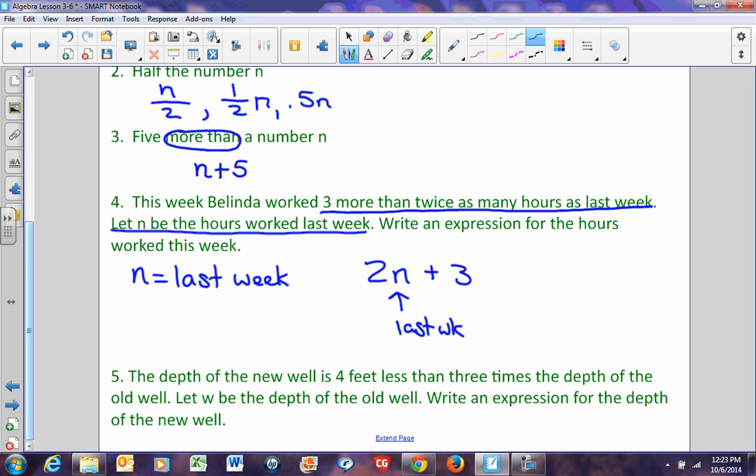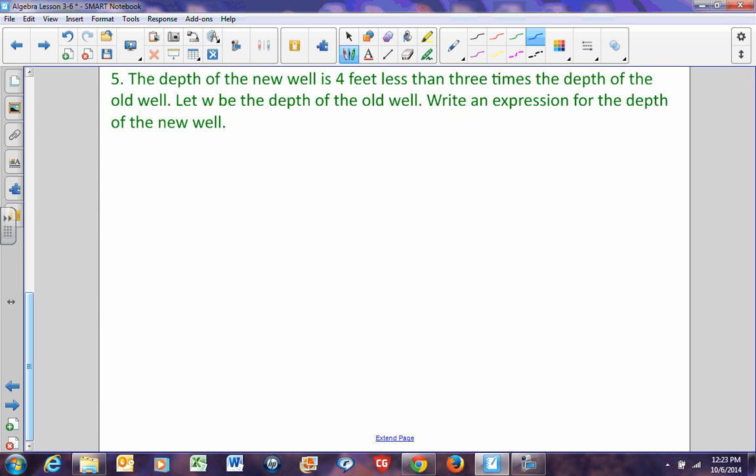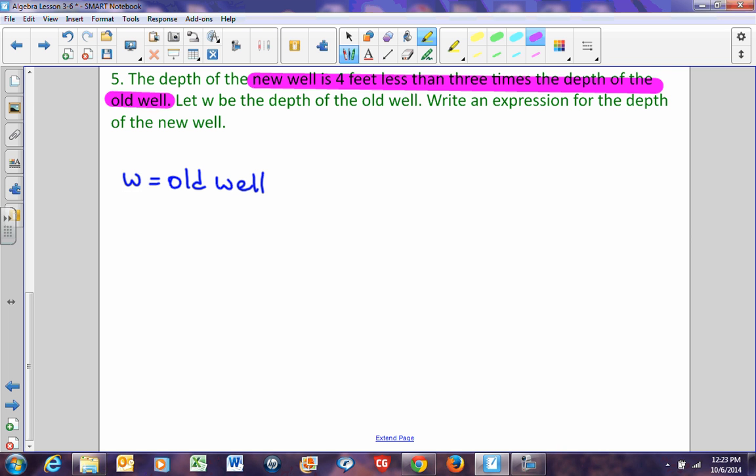Number 5 here. The depth of the new well is 4 feet less than 3 times the depth of the old well. Let W be the depth of the old well, because the new well is being compared to the old well. The old well becomes our variable. So W equals the old well. And if we look up here, the new well is 4 feet less than 3 times the depth of the old well.